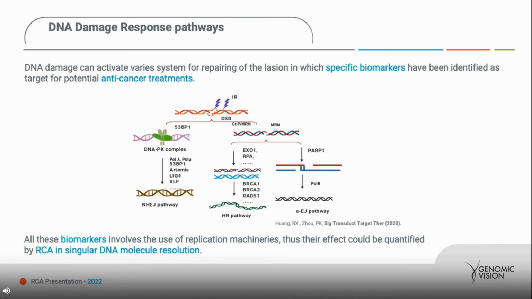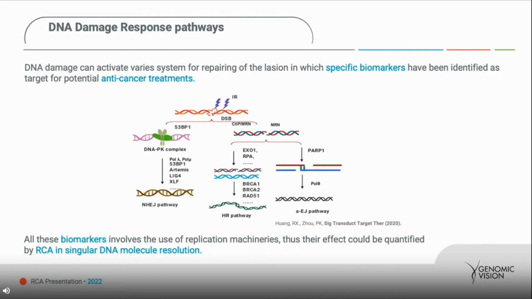So when we study DNA damage repair pathways, specific biomarkers have been identified as targets for potential anti-cancer treatments. And these biomarkers are involved in different DNA repair pathways, such as non-homologous end joining, homologous recombination, and other pathways.